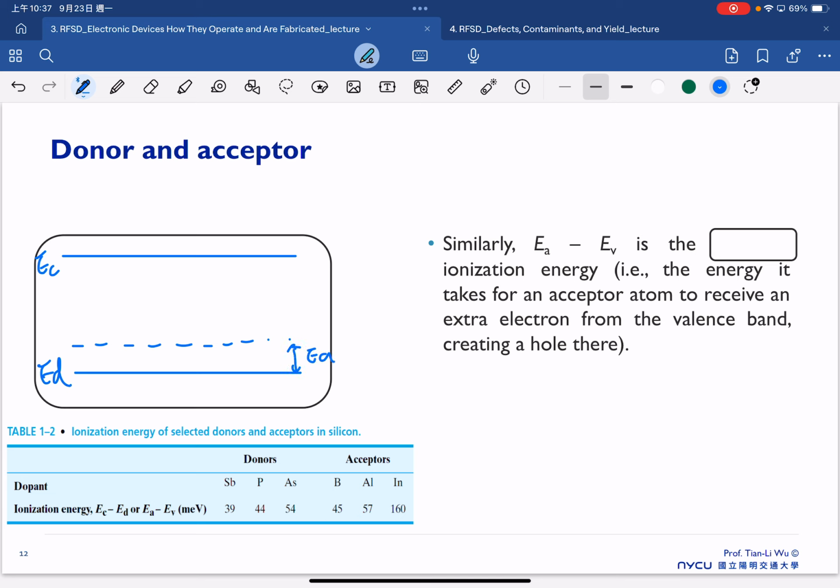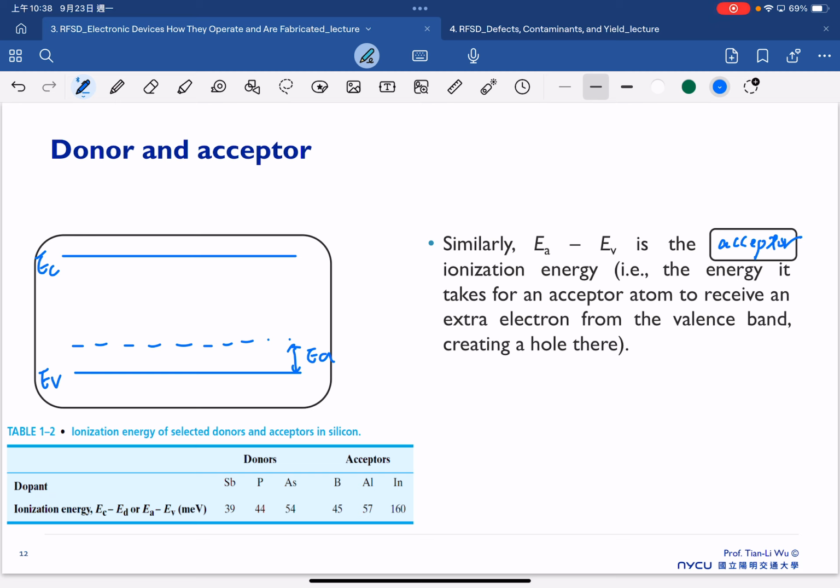So similarly, EA, this is EV. Similarly, EA minus EV is the acceptor ionization energy.